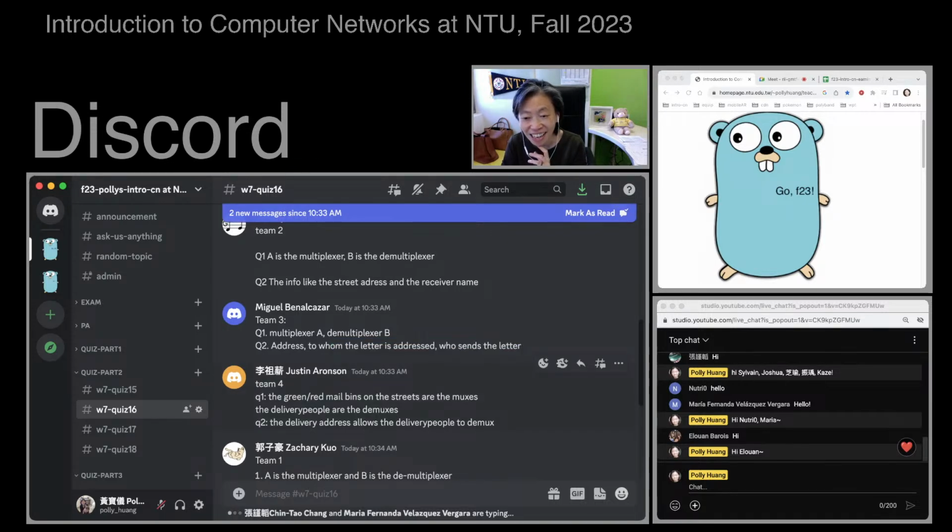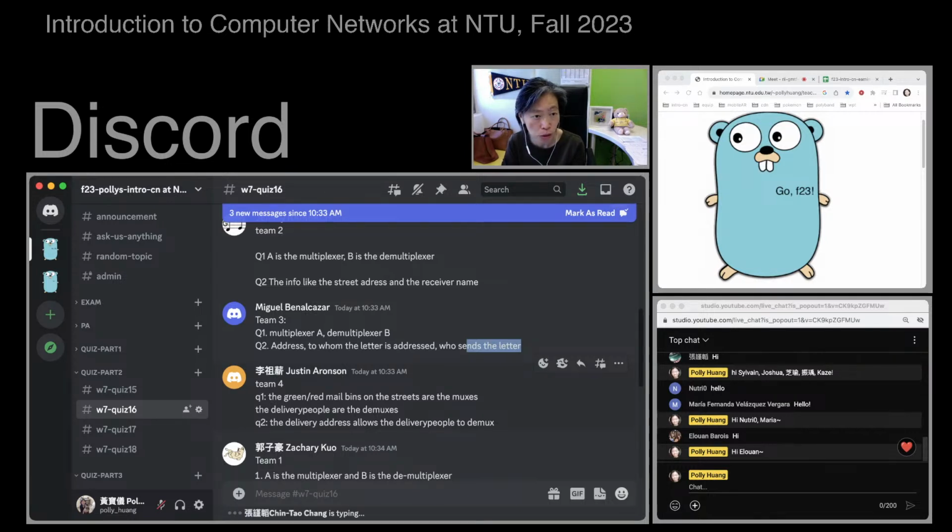Oh, interesting. Miguel says, who sends the letter? That's a connection-oriented demultiplexer in a way. If the mail lady sorted the letter also based on the sender's address, then that is called a connection-oriented demultiplexer.